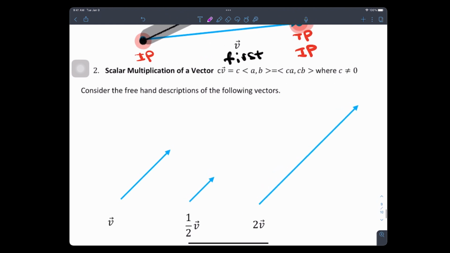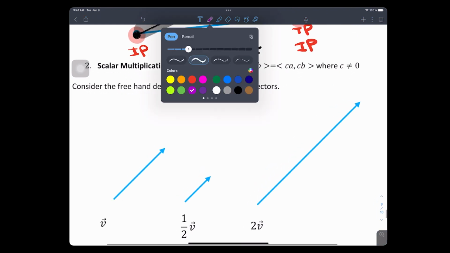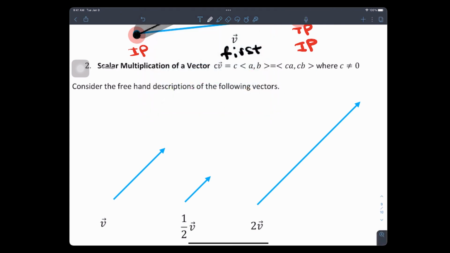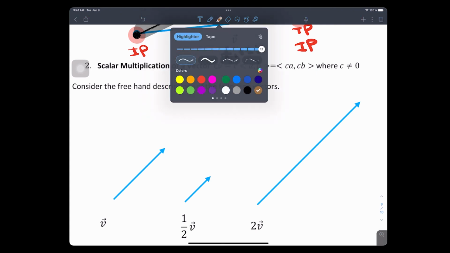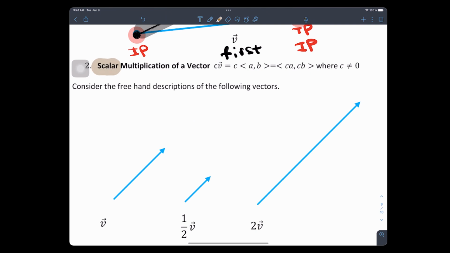And then we have another operation called scalar multiplication. So you say, what's a scalar? Do you guys know what a scalar is? A scalar is a fancy way of saying number. C is a scalar. It's just a number. Okay? And so you say, well, what happens with that C?